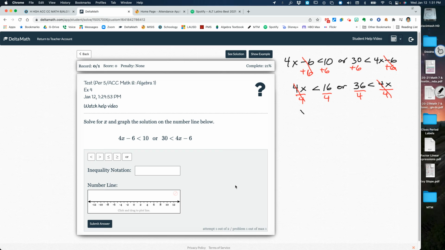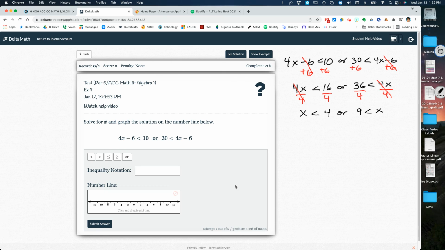X is less than 4, or 9 is less than X. Okay. So that's an answer, right? But if I want to graph the answer, one of the two inequalities isn't in the form we want for graphing. Which one is not correct for graphing? X is less than 4, or is it 9 is less than X?